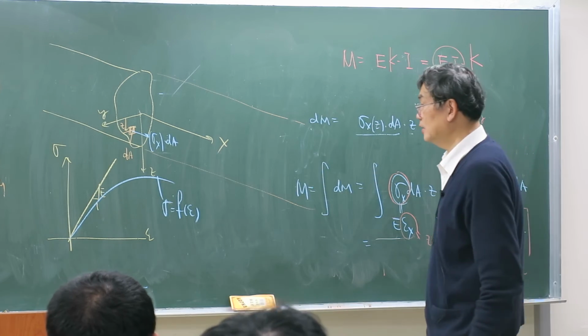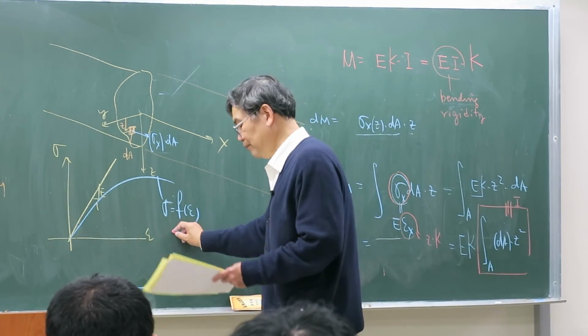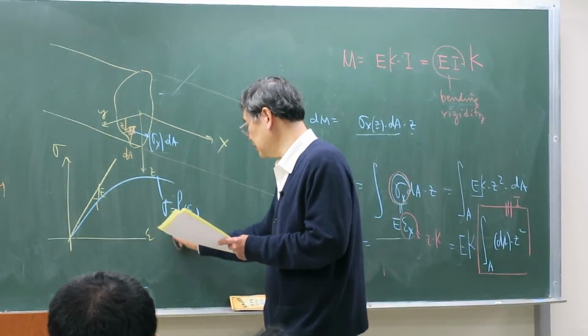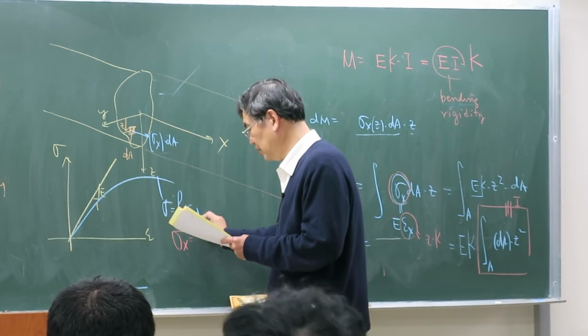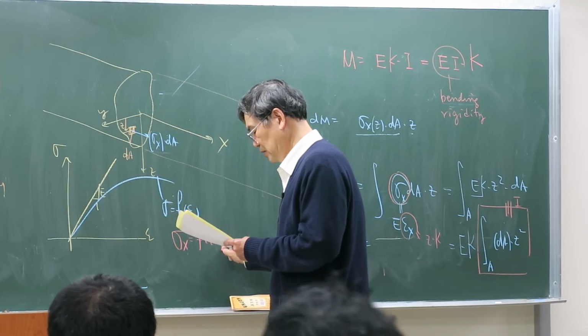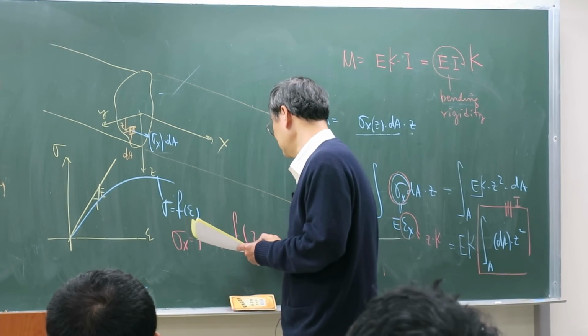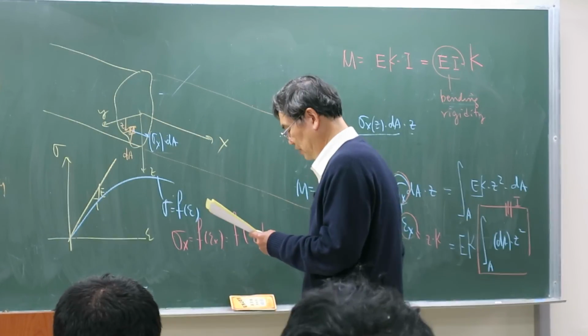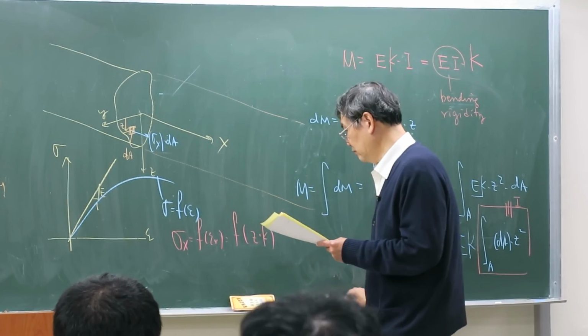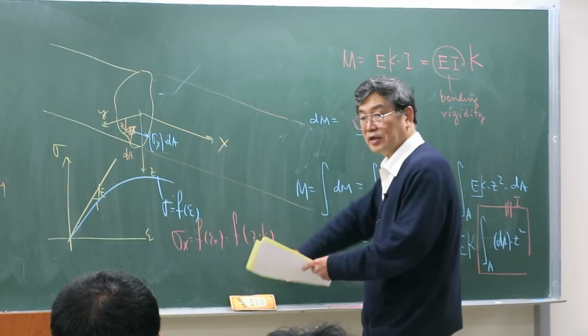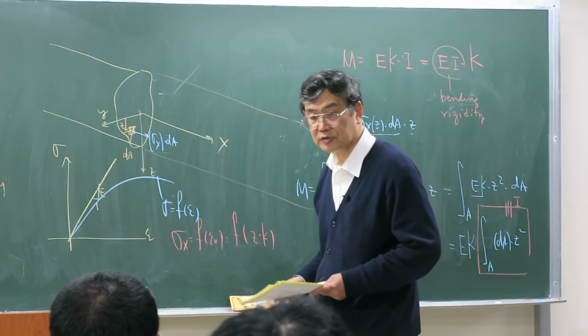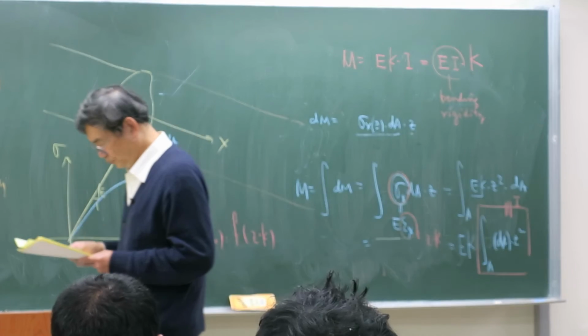Then sigma x equals a function of epsilon x, equal to a function of z times curvature.